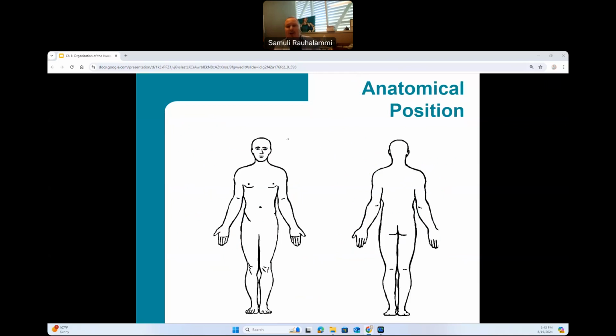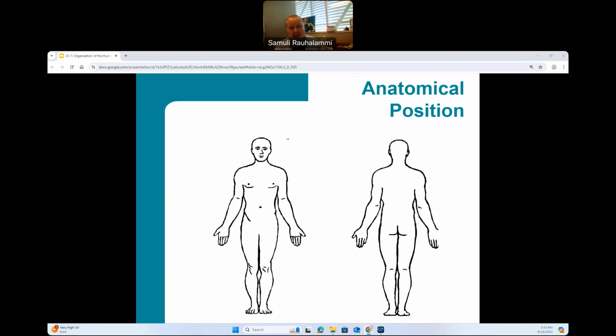So sometimes students are confused by this concept of anatomical position. Really, the reason why we want to consider the human body in this position is that it gives us a standard reference. We can always assume that the patient is in this position regardless of how they actually are.